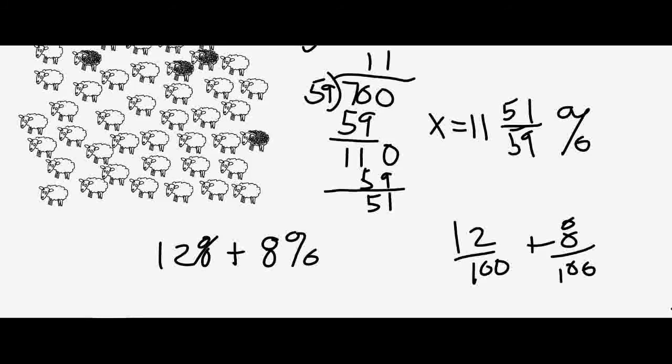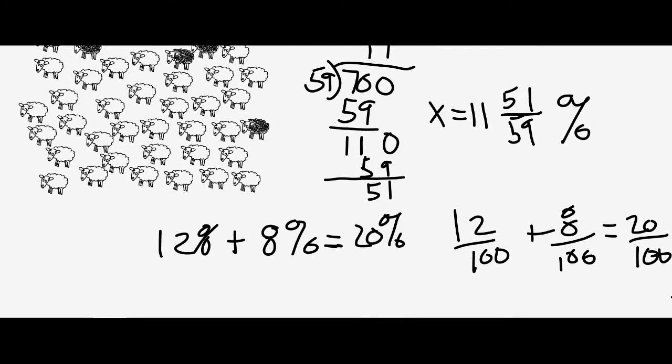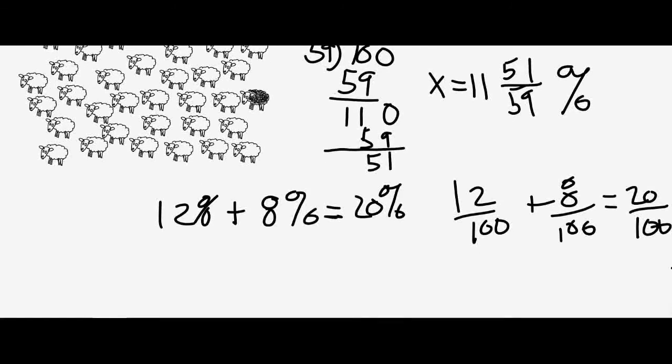You already have a common denominator. You get 20 over 100, which just gives you 20%. So if you're adding percents, it's really like adding fractions with a common denominator. You don't need to worry about it too much.